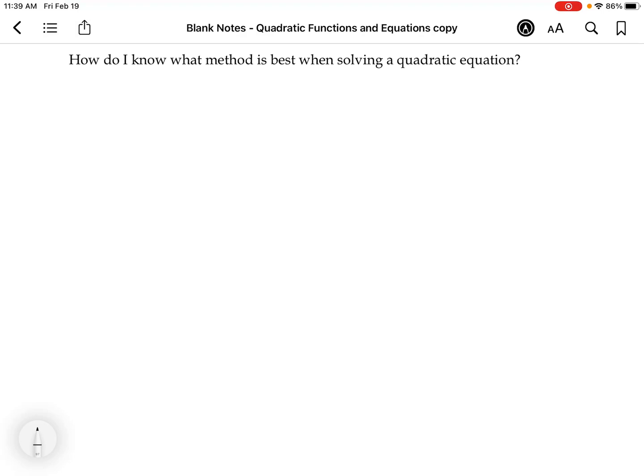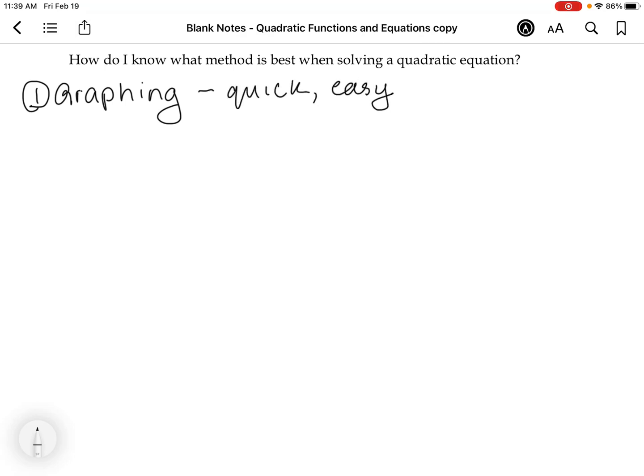Okay, so first thing we looked at was graphing. We graphed the corresponding function and looked for the x-intercepts or the zeros. Now, this is quick, it's easy. So that's good. However, it's not algebraic. So if you're asked to solve something algebraically, you cannot use this method.